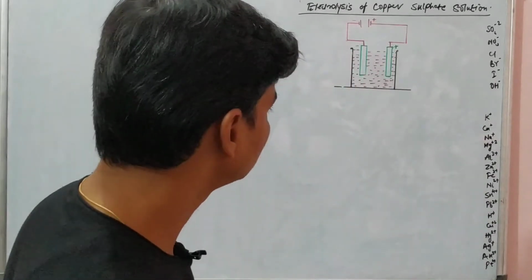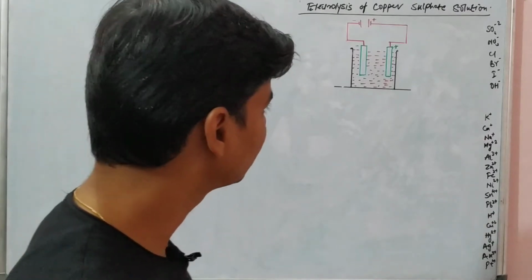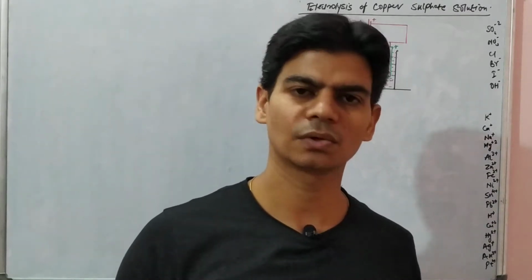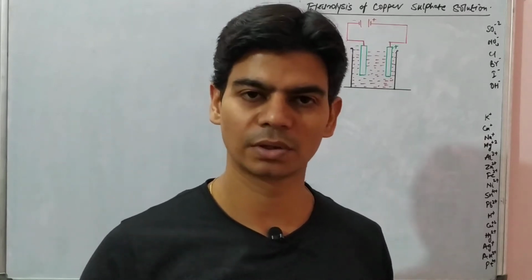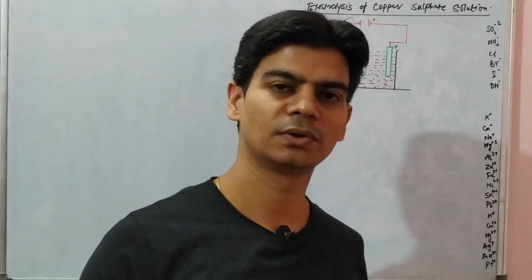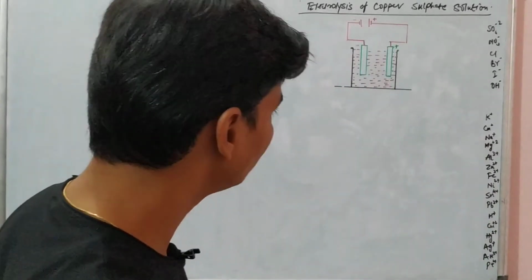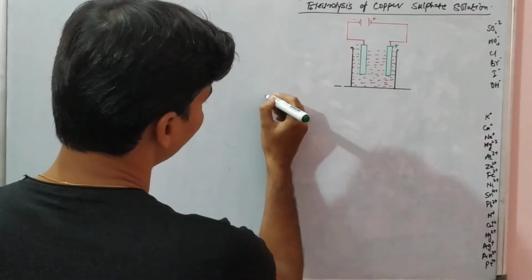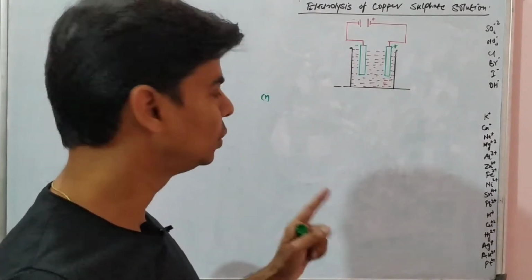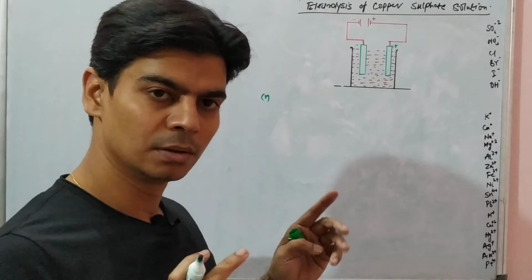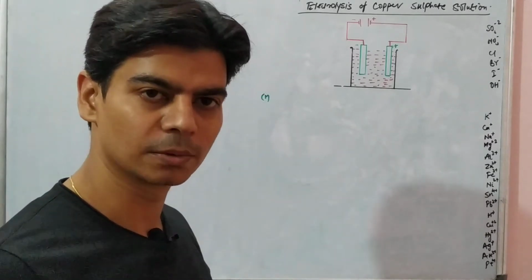Everything else, like migration to anode and cathode, oxidation and reduction, and which of the two ions will discharge, remains the same. We will take the first scenario, electrolysis of copper sulfate solution using a platinum anode and platinum cathode.